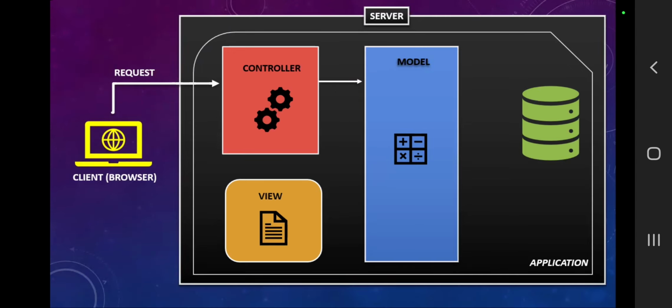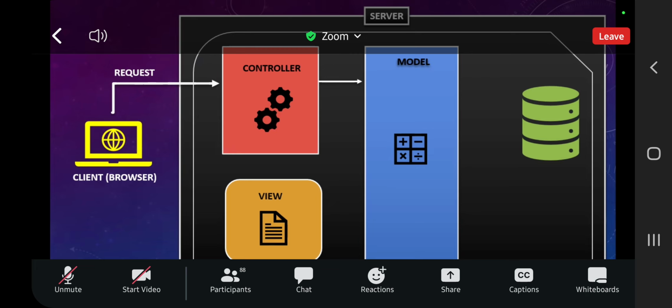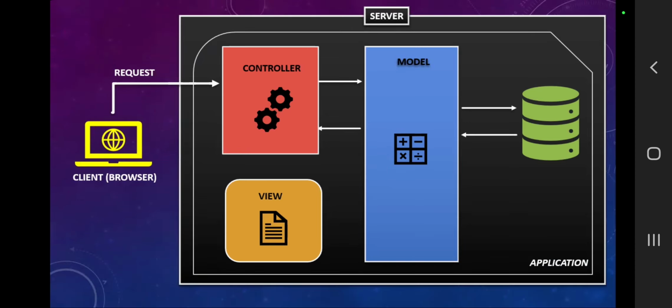The model has the exact business logic to process the request. If there is any need to interact with the database, it will interact with the database, fetch the data, and do the processing. Then it gives the processed data back to the controller. Then the controller interacts with the view part, the data is bound on the view, and it is sent as the response.